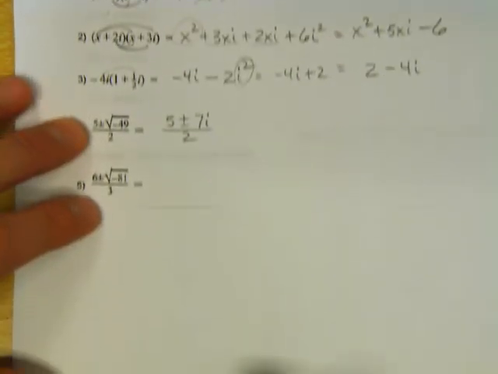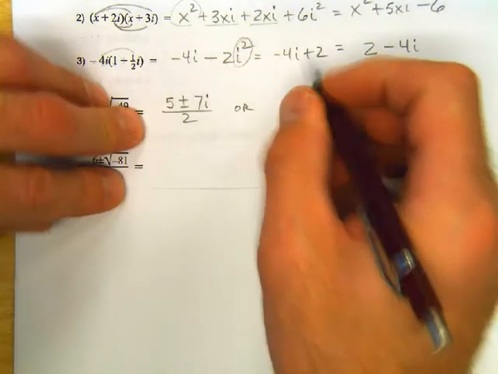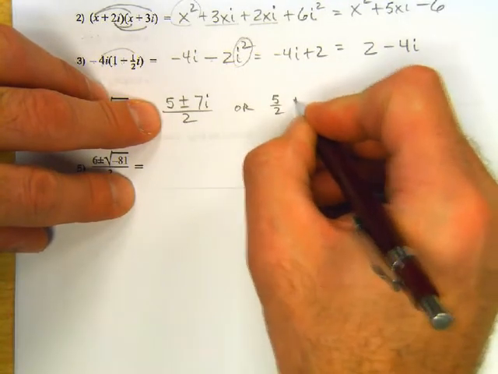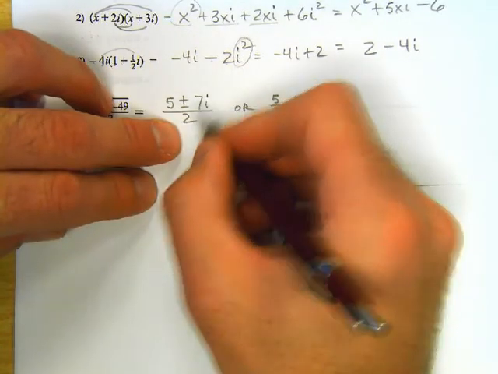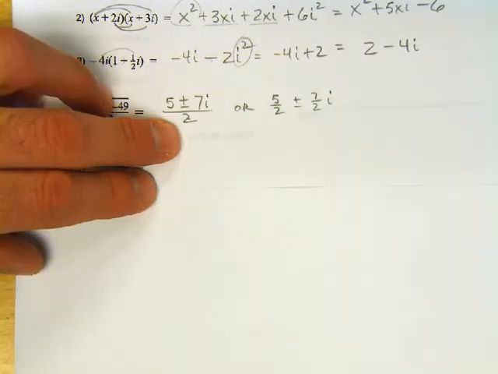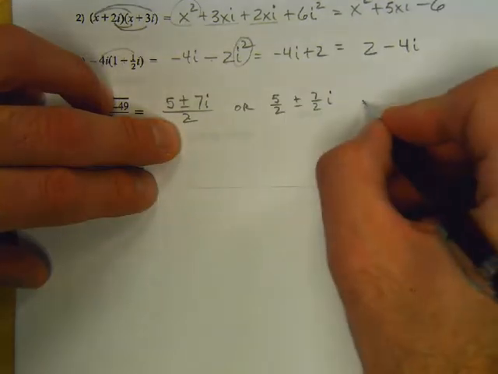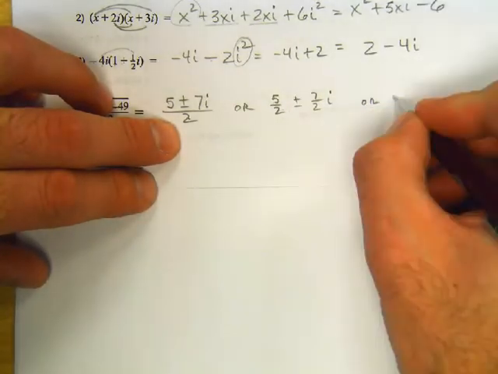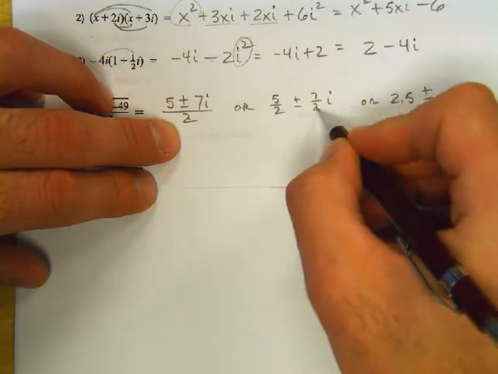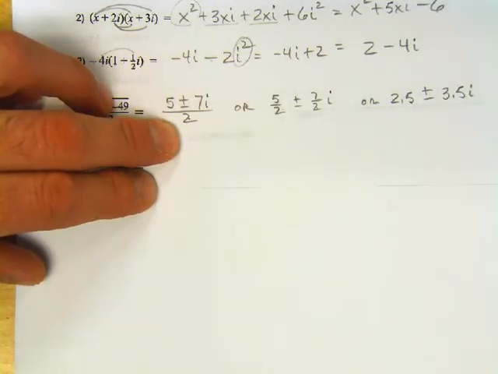So we can leave it like that, or we could rewrite it as 5 over 2 plus or minus 7 over 2i. That would also be appropriate. Or 5 over 2 is 2.5. 7 over 2 is 3.5. That would also be okay.